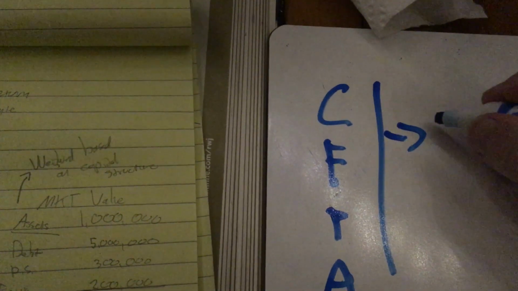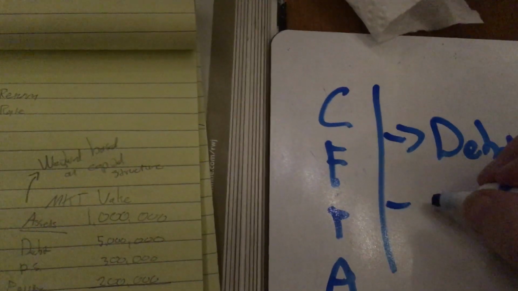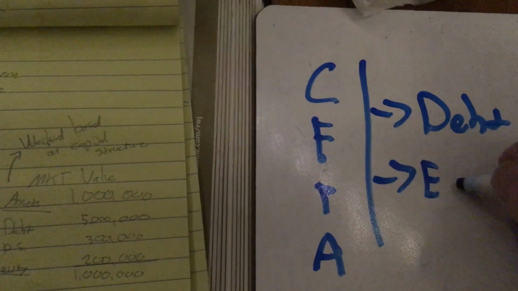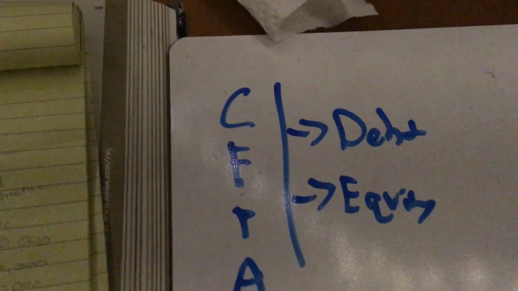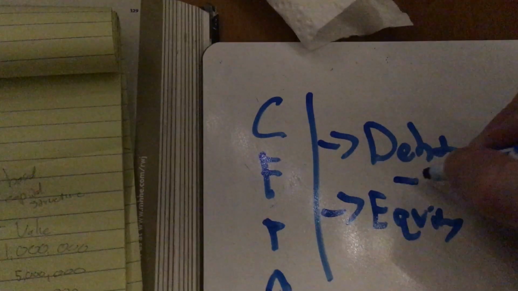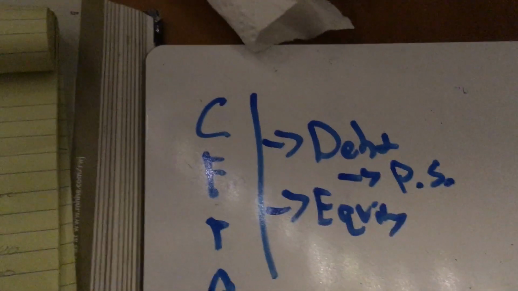You can use it to pay debt, and you can use it to pay your equity holders. And you could argue that your preferred stock holders are somewhere in the middle.